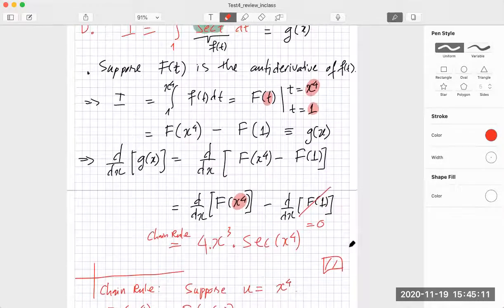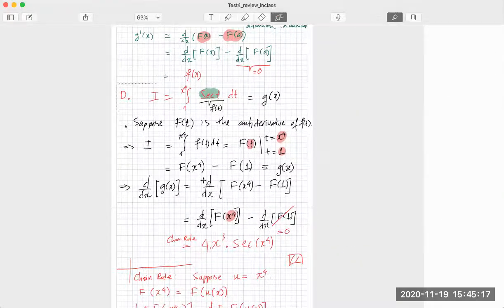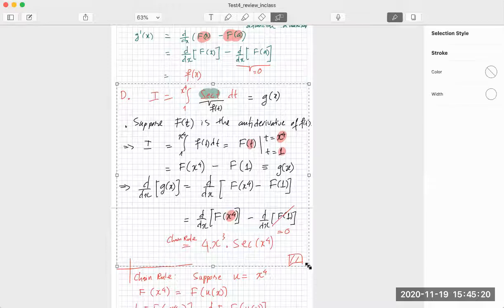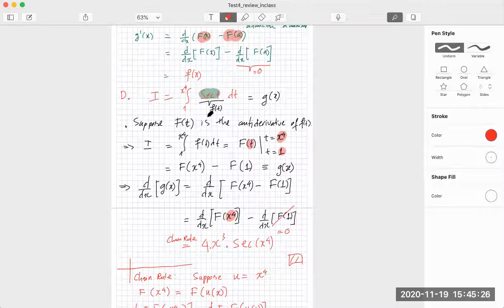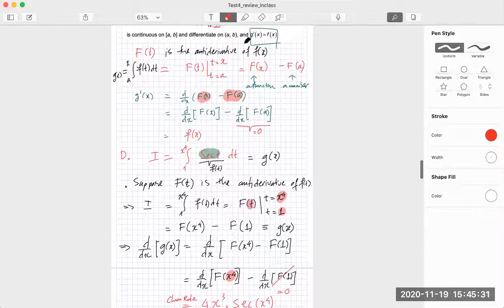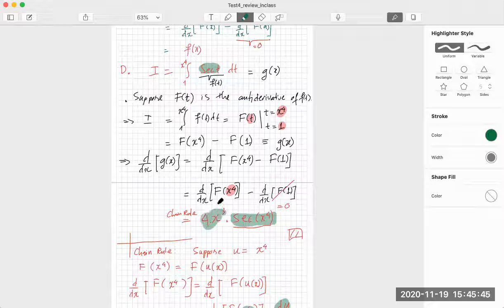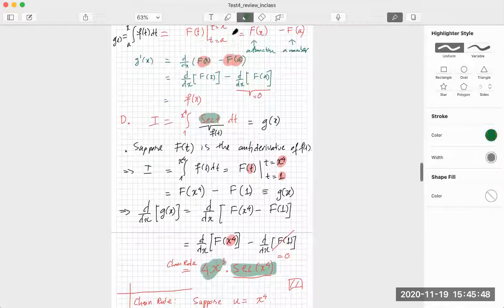Now let us zoom out to see the whole picture. In the test, now that we understand it already, you can do it fast. You can simply say that from the fundamental theorem of calculus, it will be the integrand, and we know the rule should multiply with the derivative of the bounds here.